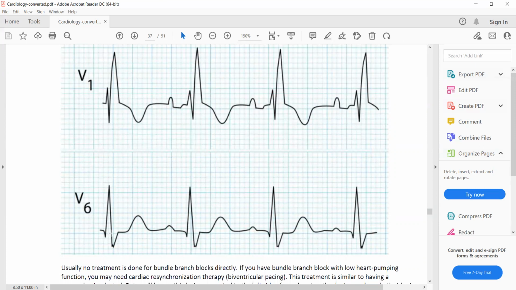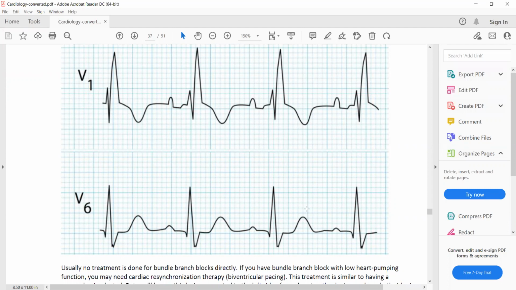So this S wave is wide, and you can see the notching. Can you see the notching? Just follow the cursor. Can you see this notching? Yes. So this is slurring of S wave.